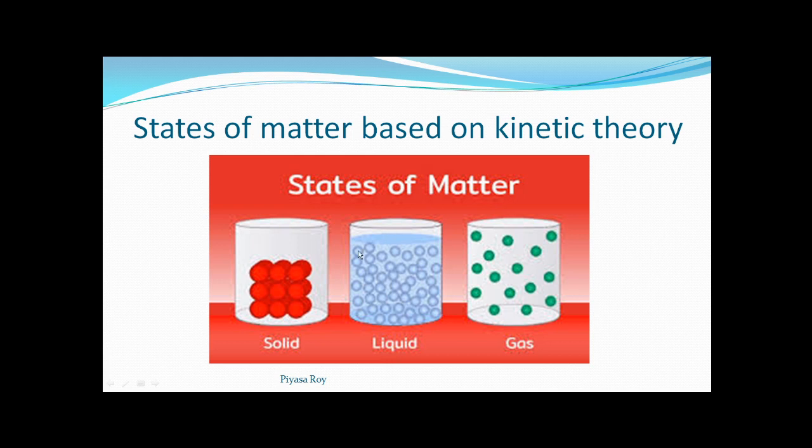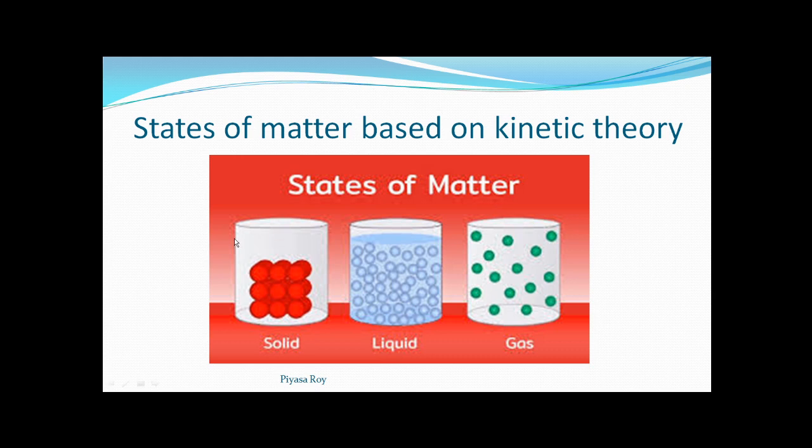Now for liquid, the intermolecular space is more than the solid, and the interparticular force of attraction is less than the solid, so there will be a gap between them, and that's why there will be no definite shape and size for the liquid, but they are having some definite volume, okay.